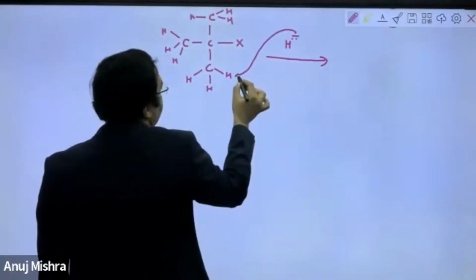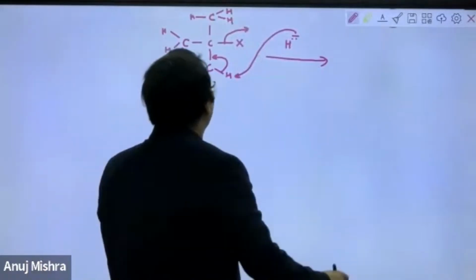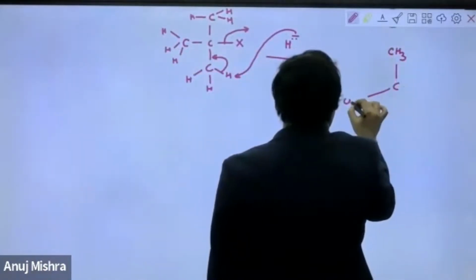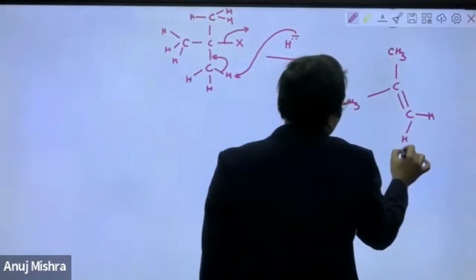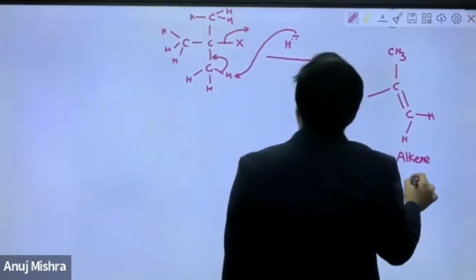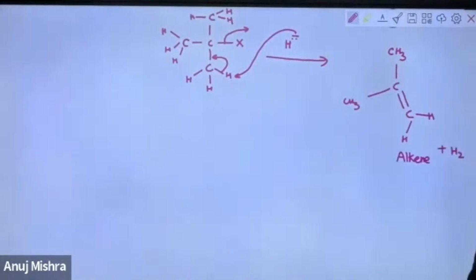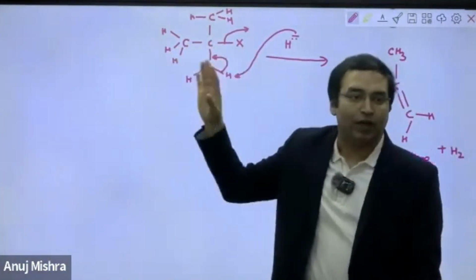This comes, takes H, creates a double bond, sends this free. So what will it become? It becomes CH3, C, CH3, double bond CH2. So actually you were expecting alkane, but you started getting alkene along with hydrogen. Understanding? These kind of reactions will start. So in 3 degree cases, these reactions are more feasible as compared to 1 degree and 2 degree cases.